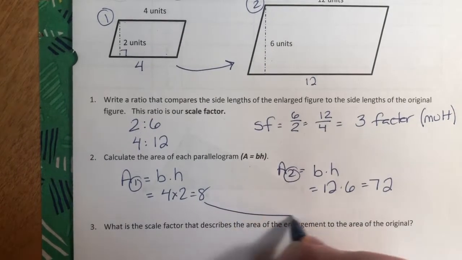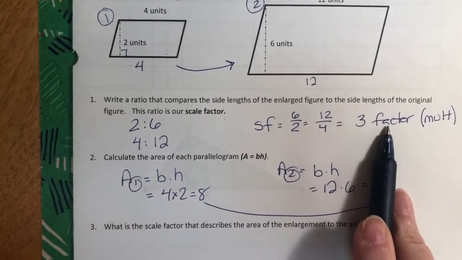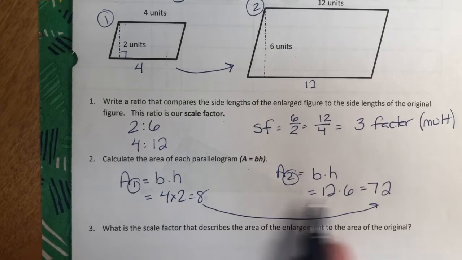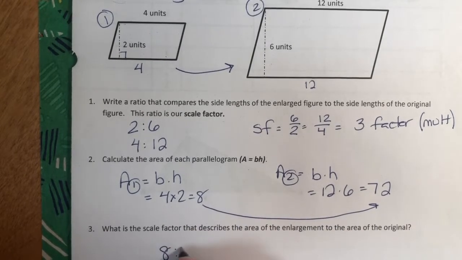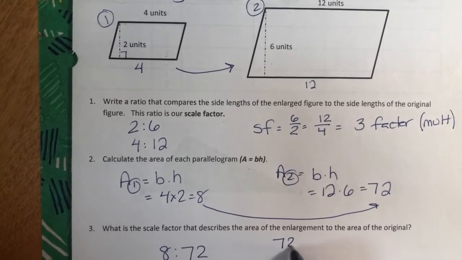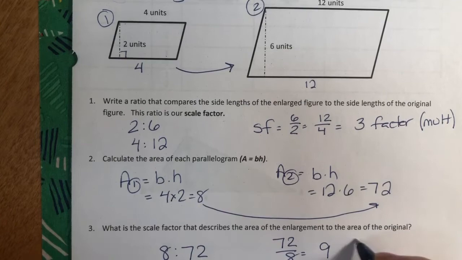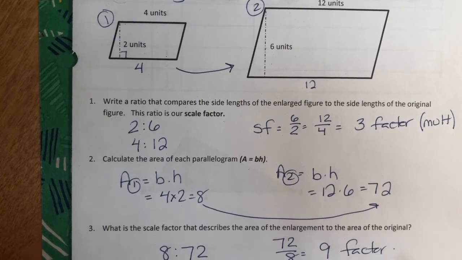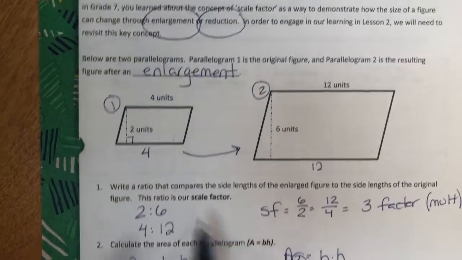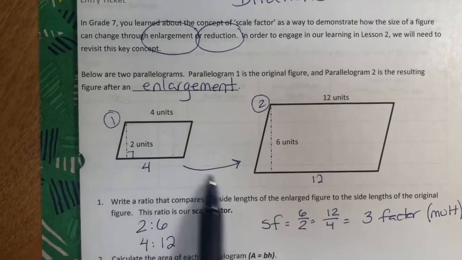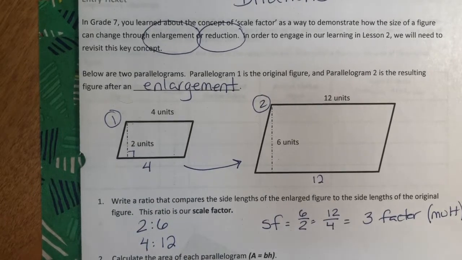So this did not go up times 3. 8 times 3 is only 24. To go from 8 to 72 is a factor of 9. So the area of the small parallelogram times 9 gives the large parallelogram.